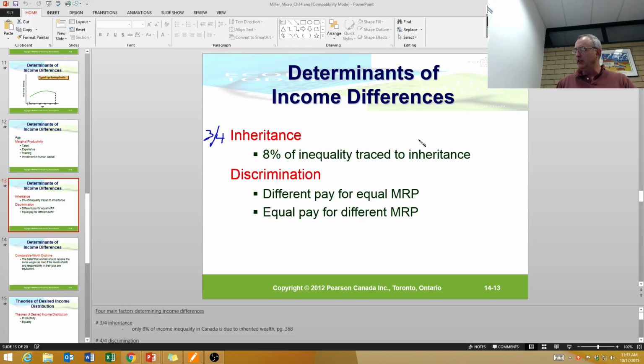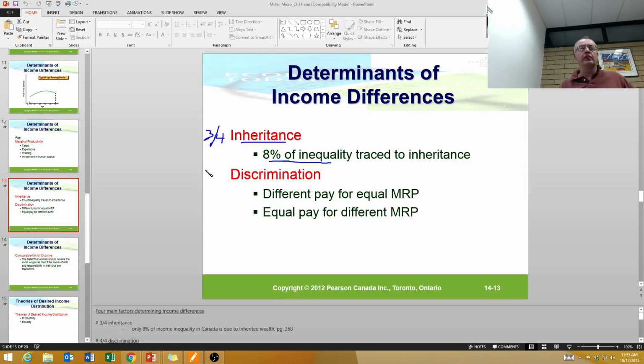If you win the genetic lottery and you inherit lots of money, then you probably have more income from your investments than if you did not inherit any money. So inheritance is a factor. However, studies have shown that inheritance only increases our income about 8%. So it's not terribly significant in the big picture.